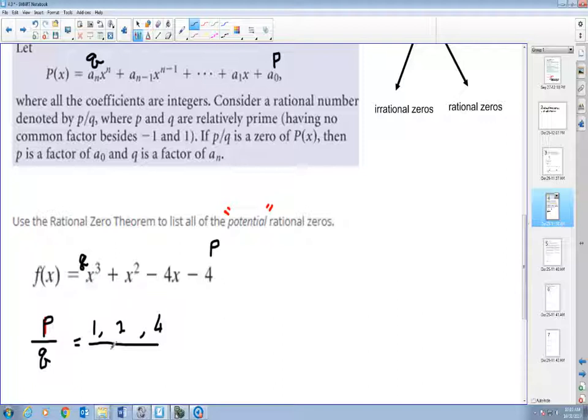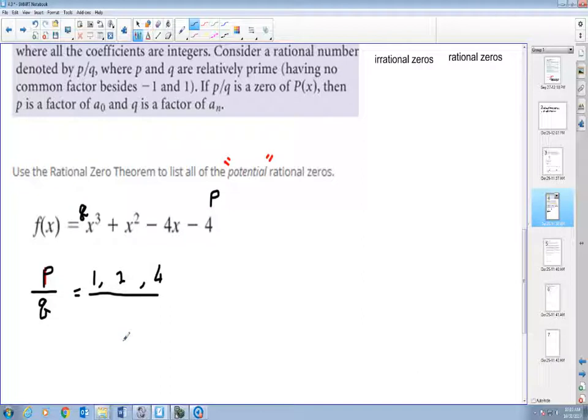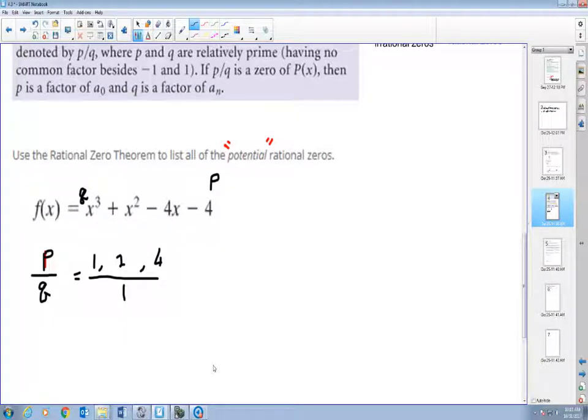My leading coefficient is a 1. So factors of 1 is just 1 times 1. We only have to write it down one time. So when we list out our potential zeros, we will say 1 over 1 is 1. You know what?